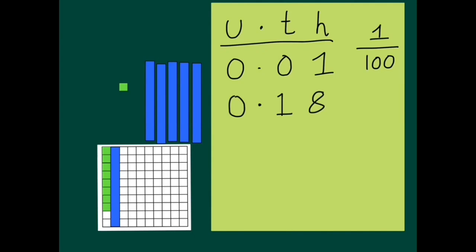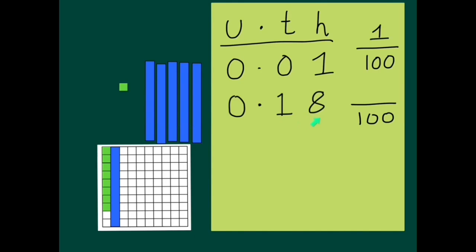We read this number 0.18. How do I write this as a fraction? I draw in my fraction line, and my denominator is still 100 because I've got 100 pieces altogether. How many of those pieces do I have?